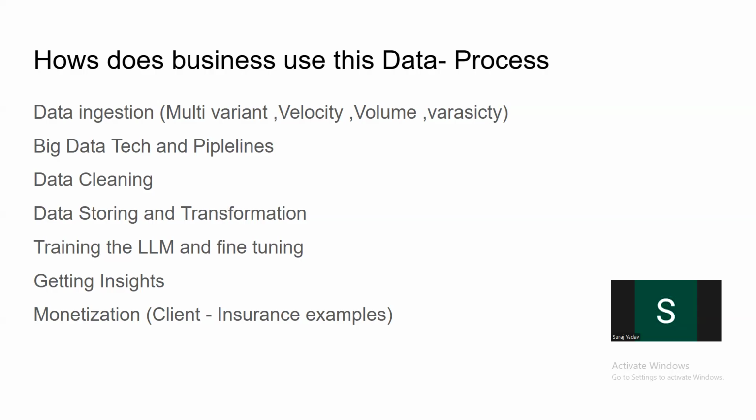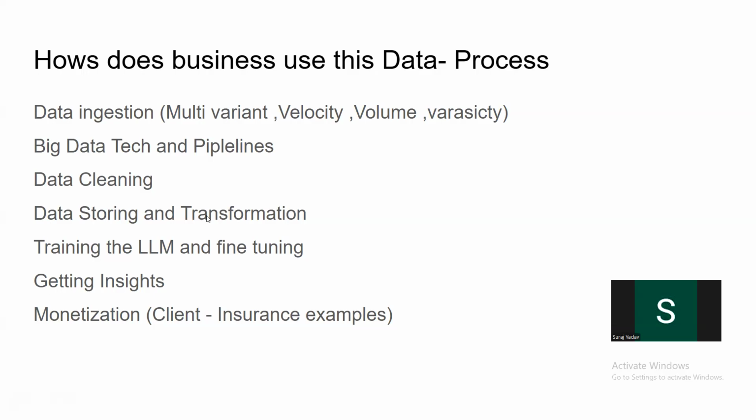They structure it and store it, maybe in a database on cloud or on-prem. After getting the data, they store it, clean it, sort it, and transform it. What is transformation? They add some extra information so that for the next steps the data is very clear to them. Okay.